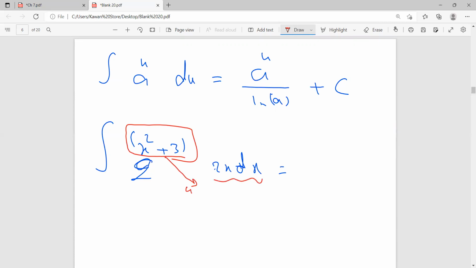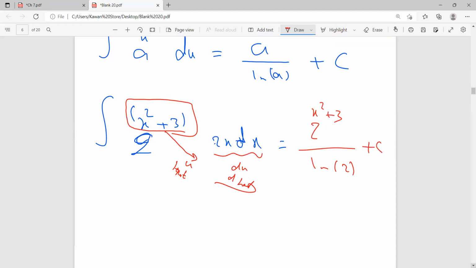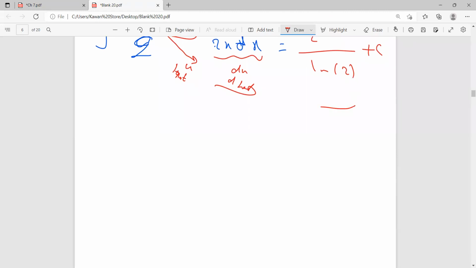So hat d hat. Understood? So directly I will answer like that: 2 to the power x squared plus 3 over ln of 2 plus c. It's easy. So tell me about the other example.